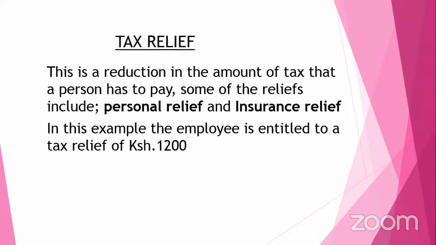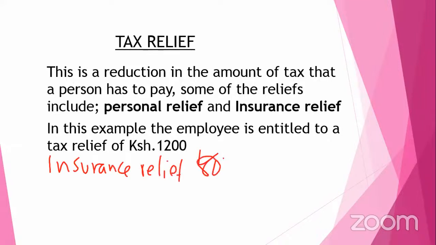If you remember your question, we had said there will be a tax relief of 1,200. For those who are asking questions, let me do some annotation here. If there was insurance relief, I would have placed it here.